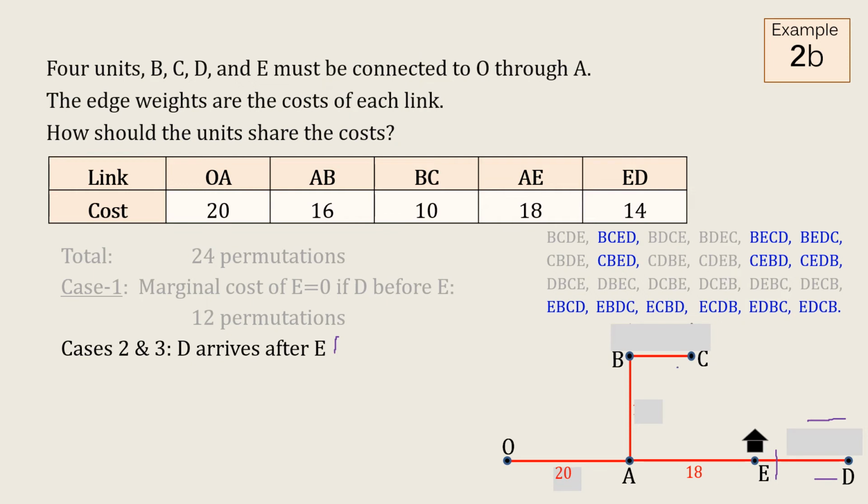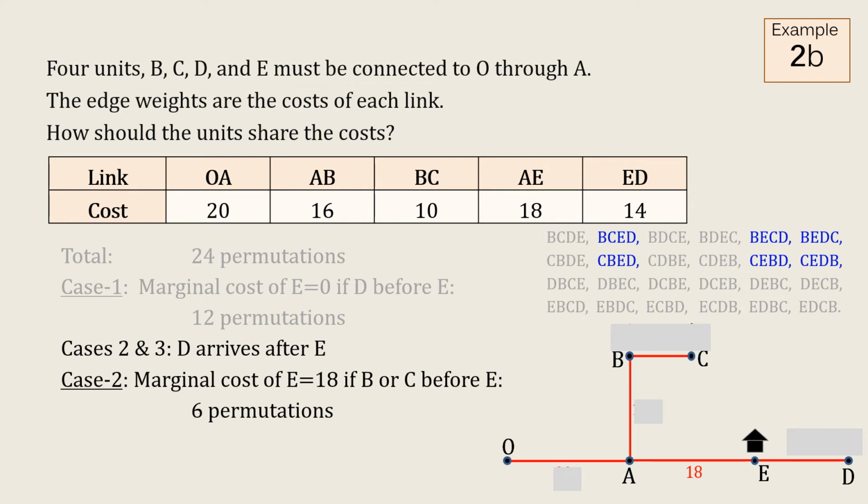And likewise, E doesn't require any of these links, so we ignore those cases too. So this AE in these cases must be paid by E. Now the question is, if B or C have arrived before or after, so whether this part of the cable is already there or if it's not there.